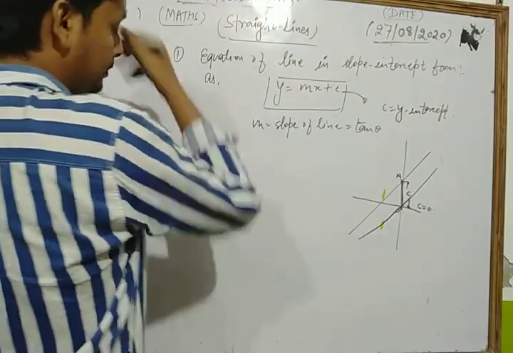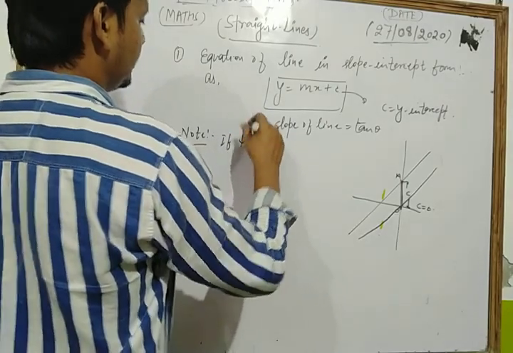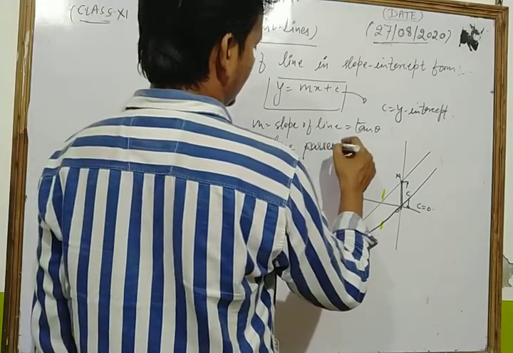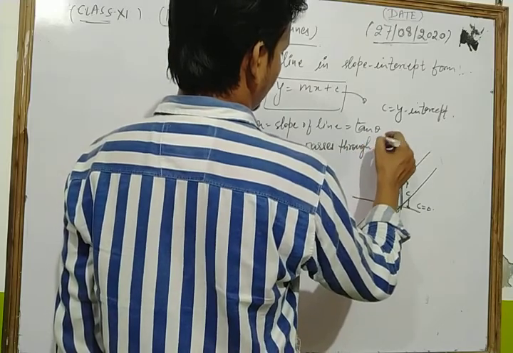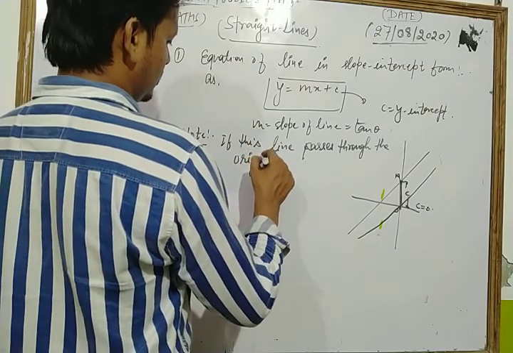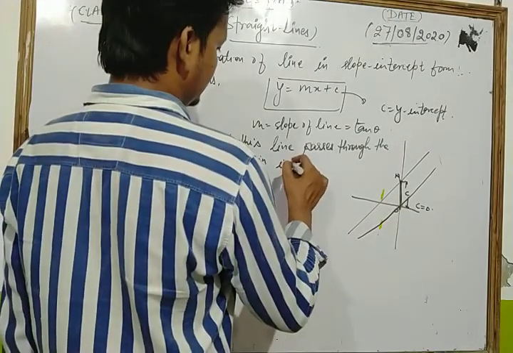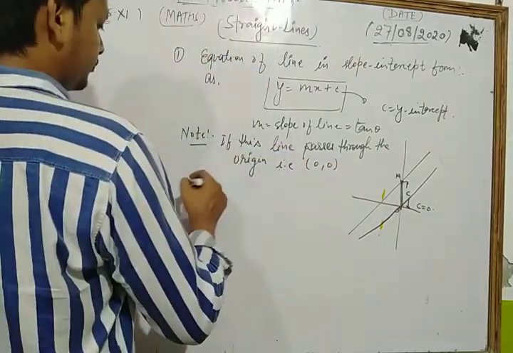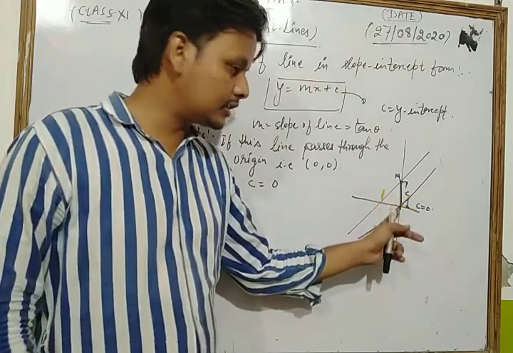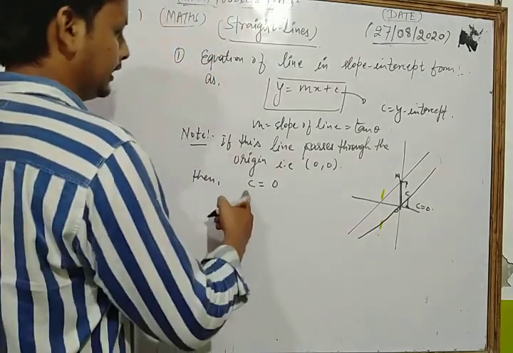Yes, there is one important concept here. Please note down: if this line passes through the origin, that is (0, 0), then its y-intercept becomes 0, because if that line passes through the origin, then in that condition the y-intercept becomes 0, that is, c = 0.